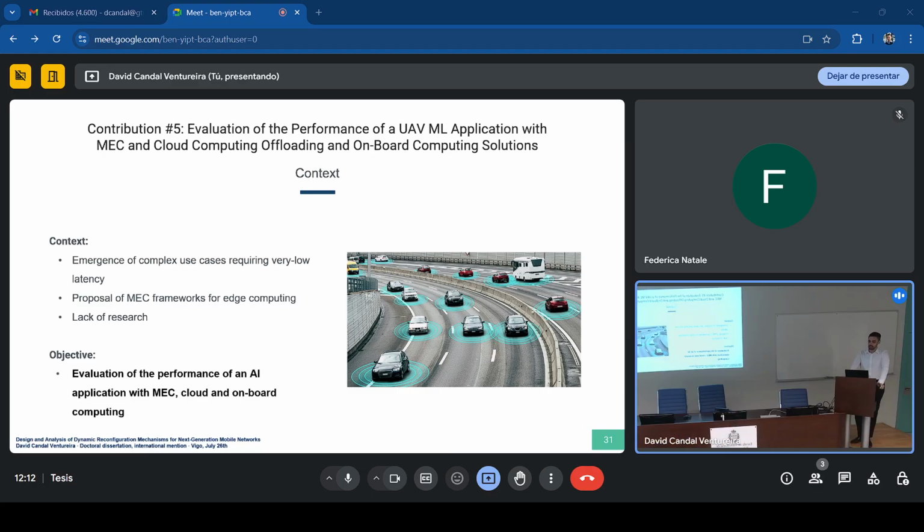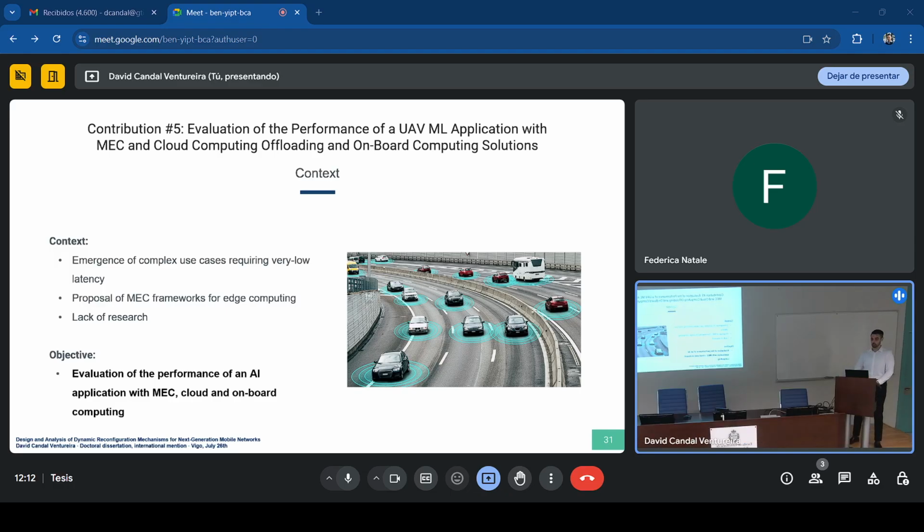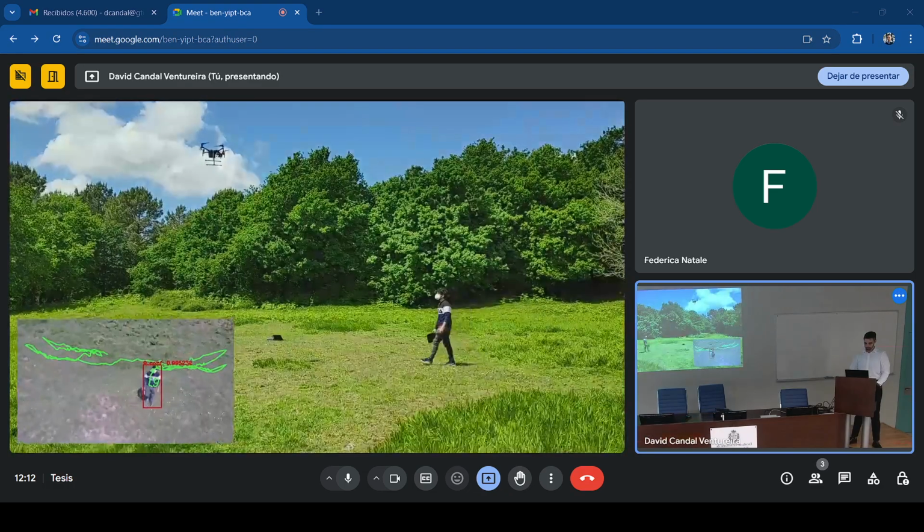However, to what extent can edge computing improve the performance to enable emerging services with stringent constraints? How does it compare to cloud computing and onboard computing? These are the questions we seek to answer in this work.